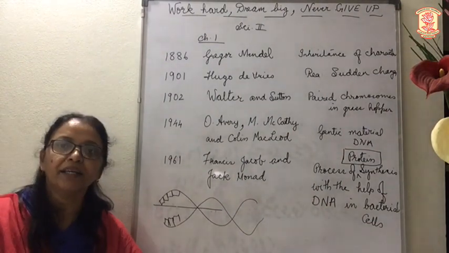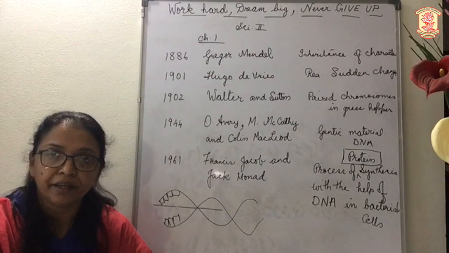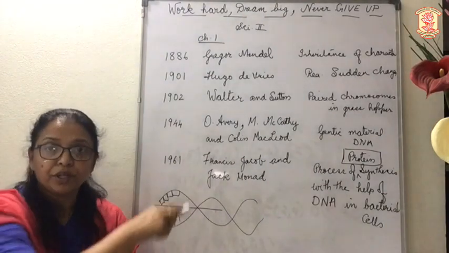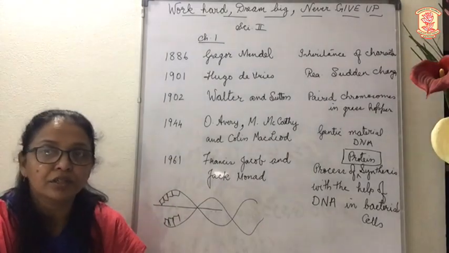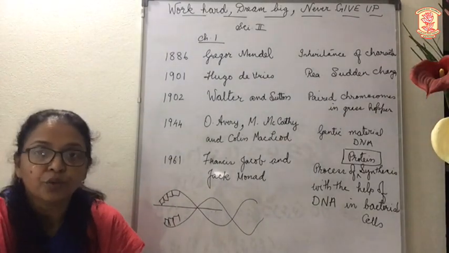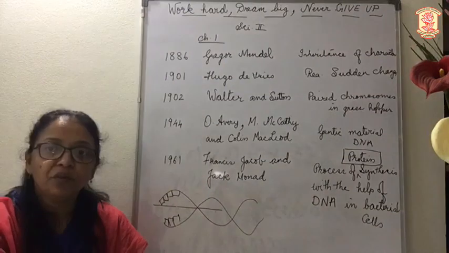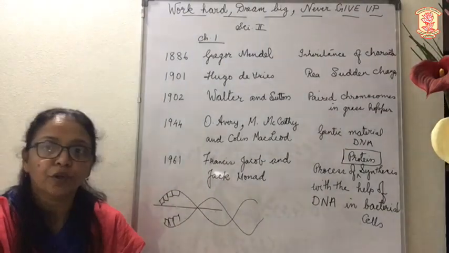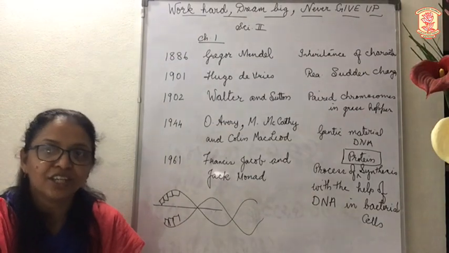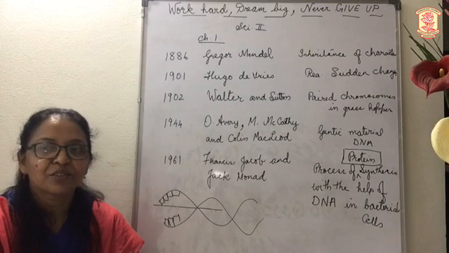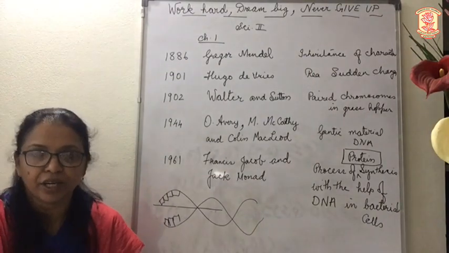By the end of this lesson, you understood what is heredity, and which scientists contributed their work towards the study of DNA and protein synthesis. Then we learned how protein synthesis takes place through transcription, translation and translocation.